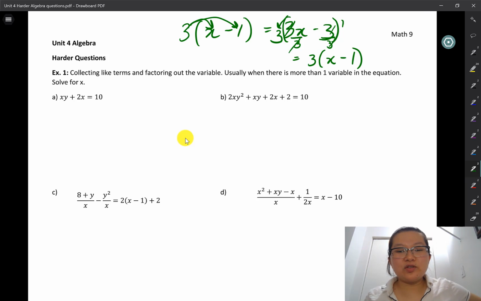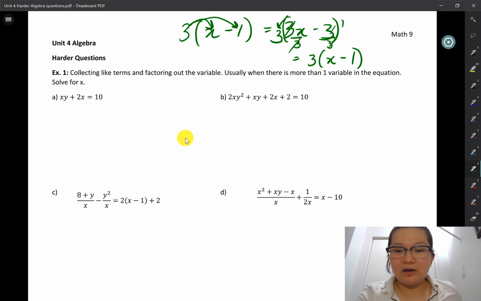So what we want to do is apply this skill to our equations, because sometimes we might see our variable appearing in more than one term, and the terms themselves might involve a whole bunch of other things which aren't just simple coefficients like 1, 2, 3.